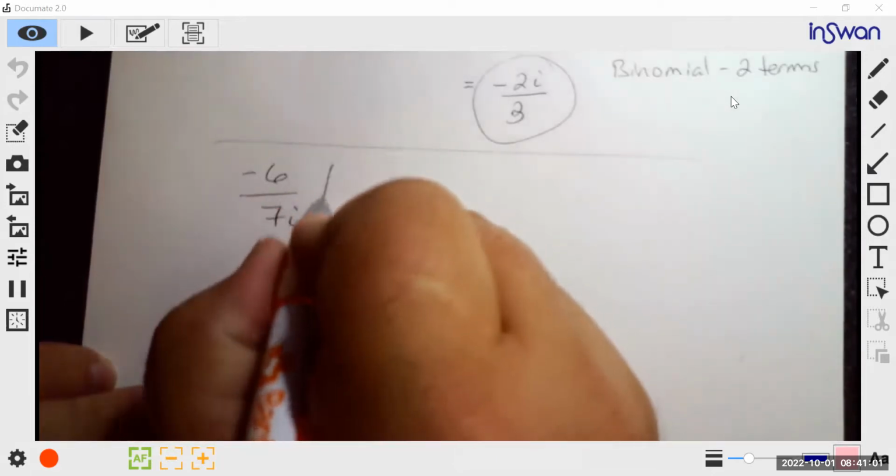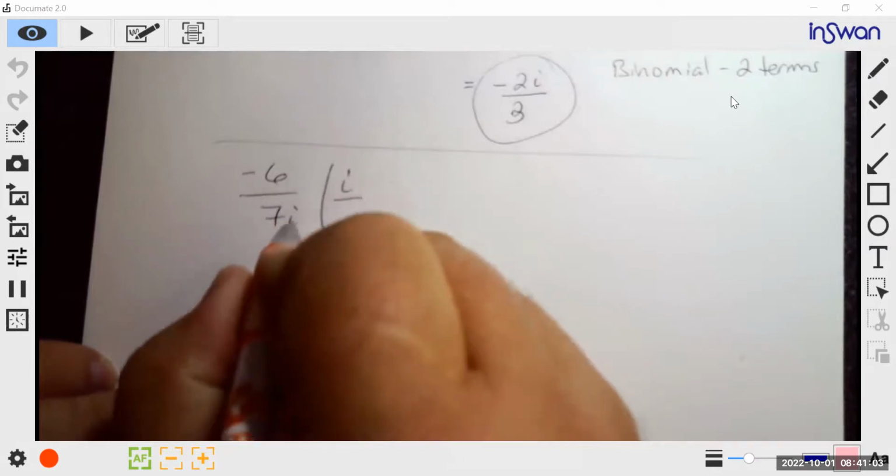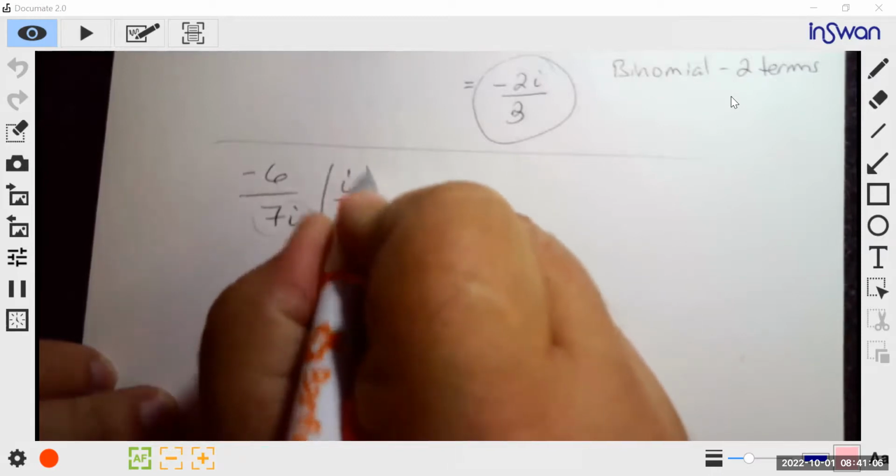So multiply top and bottom. Since it's a monomial on the bottom, we just multiply top and bottom by i.